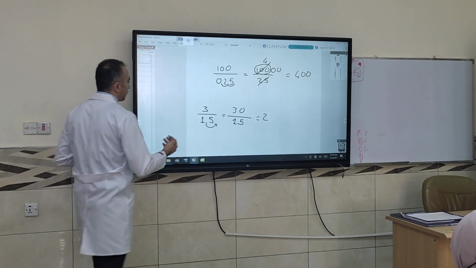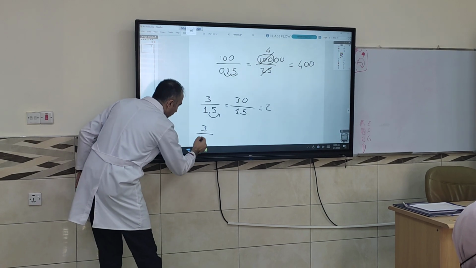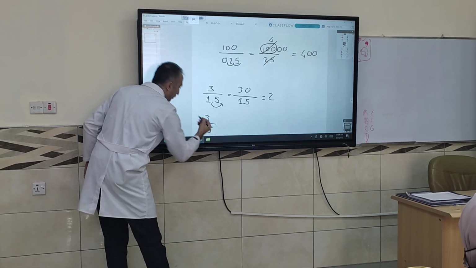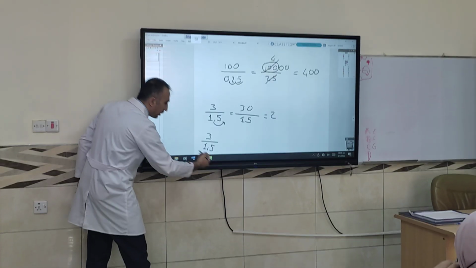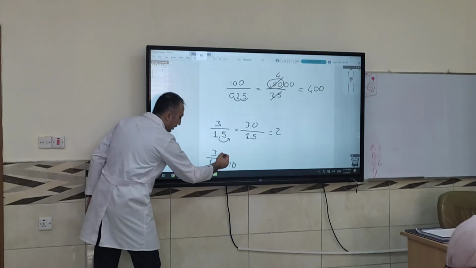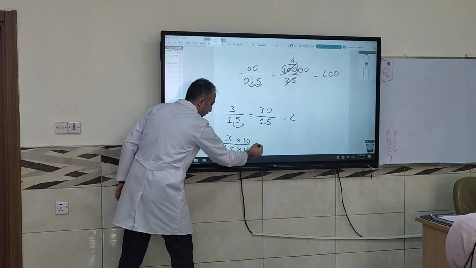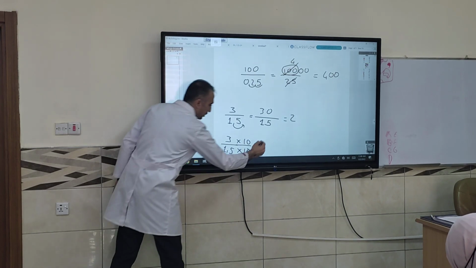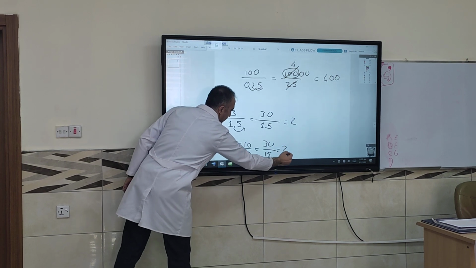Also, you can multiply with 10. For example, 3 over 1.5. If you say that I want to make it simple, you can multiply this place with 10 and with 10, both sides here. Now it turns into 30 and 15 again, makes 2.